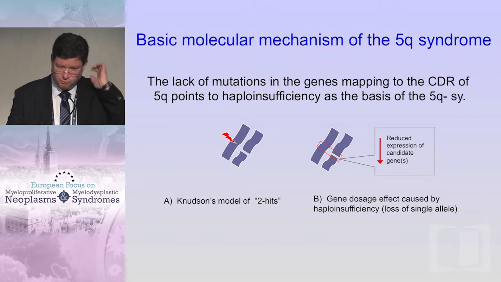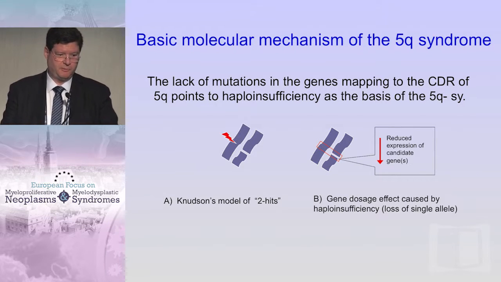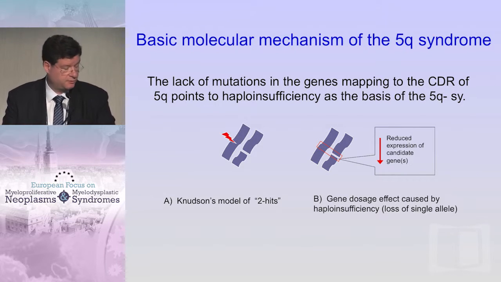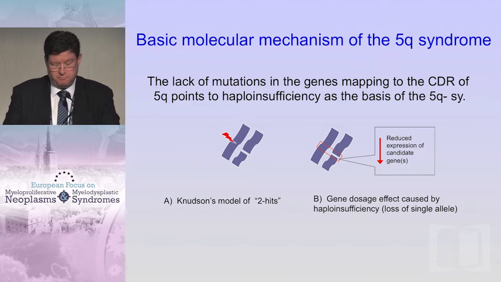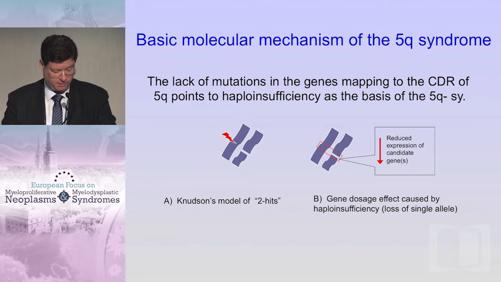The main question in the pathology and pathobiology, and in our efforts to understand 5q- syndrome and the deletions of the long arm of the chromosome, was: what is the basic genetic molecular abnormality that is the consequence of the deletion?